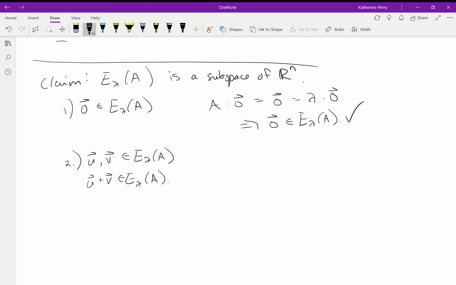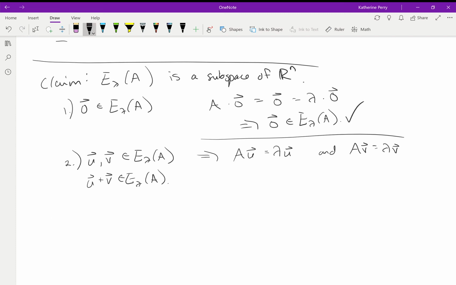And for that, I'll do what we've done before, which is see what U and V being in this space tells me. So if U and V are in this space, then that implies A times U is equal to lambda times U, and it implies that A times V is also equal to lambda times V.